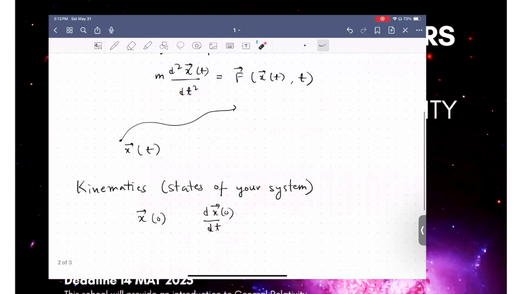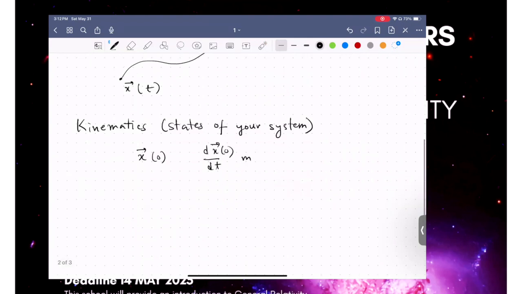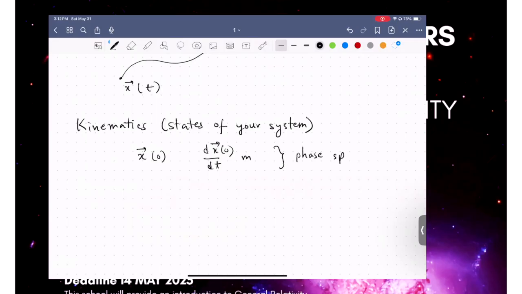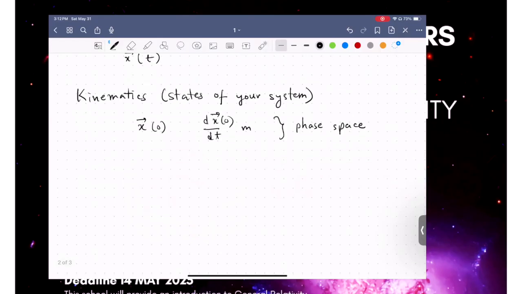So what we're saying is that if we describe the state of a particle by this data, then given any state or any starting condition of the particle, we can find a unique trajectory. So we can solve the problem of dynamics. Okay. And since the particle also has a mass, we combine that with the velocity to make it momentum. All right. So these two things together form what is called the phase space. All right. And then there's a part about dynamics.